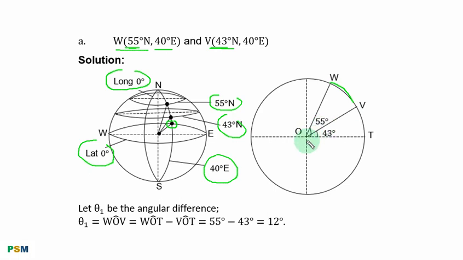From the reference point to this, you have 43 degrees, and to W you have 55 degrees. But we are interested in the angular difference between V and W, and that is this entire angle 55 degrees minus this angle 43 degrees, and that is 12 degrees.